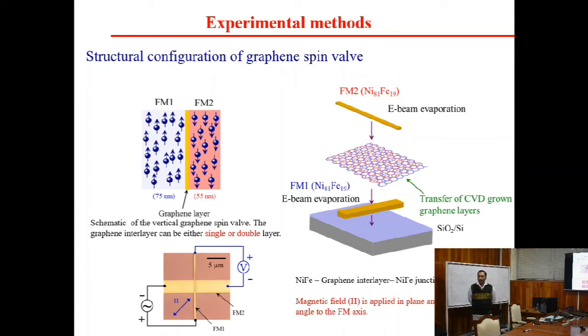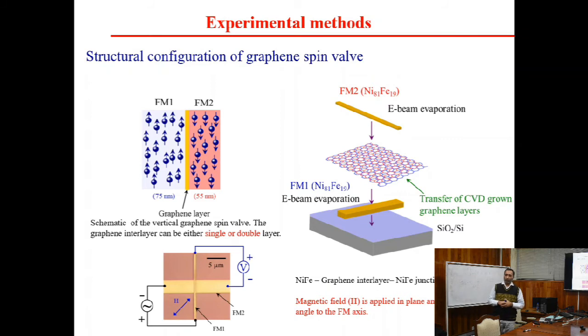The question is why the spin polarization of the top electrode is different from the bottom electrode, or how we can make such devices with different polarization. First, you should use different ferromagnetic materials. Suppose on one side I am using a nickel electrode, on the other side I can use some other ferromagnetic electrode.